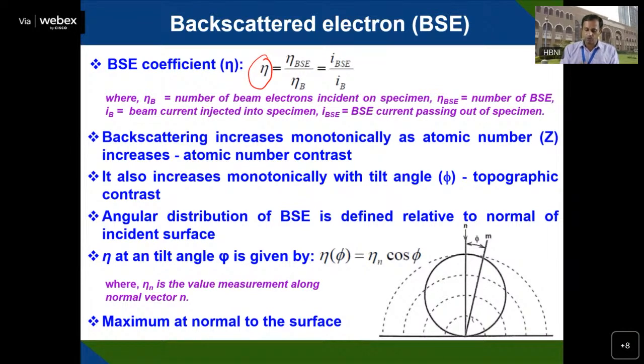Backscattering increases monotonically as atomic number Z increases, so it is mainly used for atomic number contrast imaging. In AFM, no, in SEM, you will see backscattered electrons when doing contrast imaging.